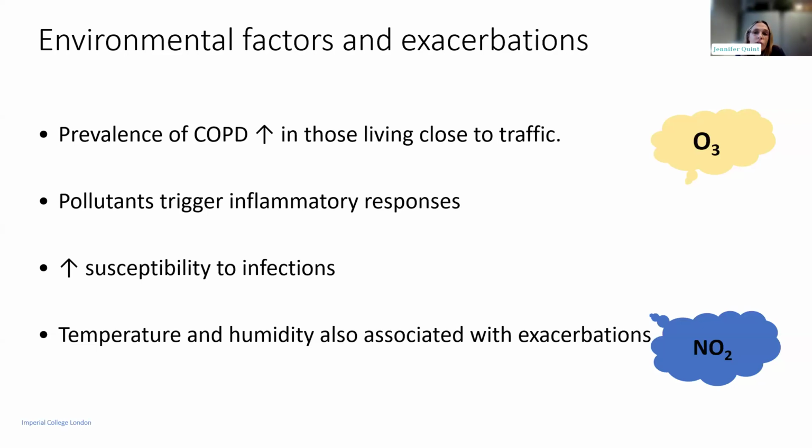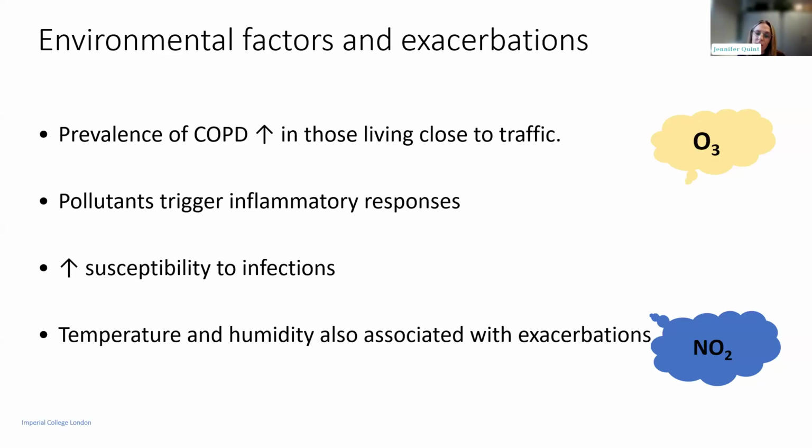It had also been shown that environmental factors can increase susceptibility to infections, and that temperature and humidity were also associated with exacerbations of COPD. So in particular, really high temperatures or really cold temperatures. And around the time we were starting the study, the Met Office put into progress their Healthy Outlook program, where they were looking to send COPD patients text messages when it was particularly cold or particularly polluted out, to say to them, you know, you might want to wrap up more warmly or not go out today.